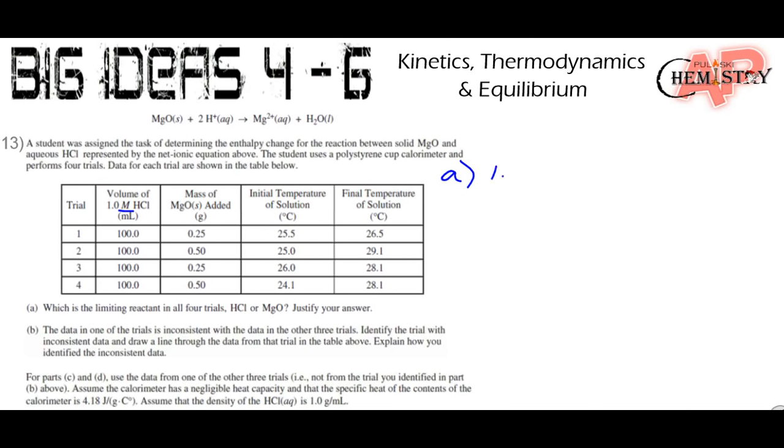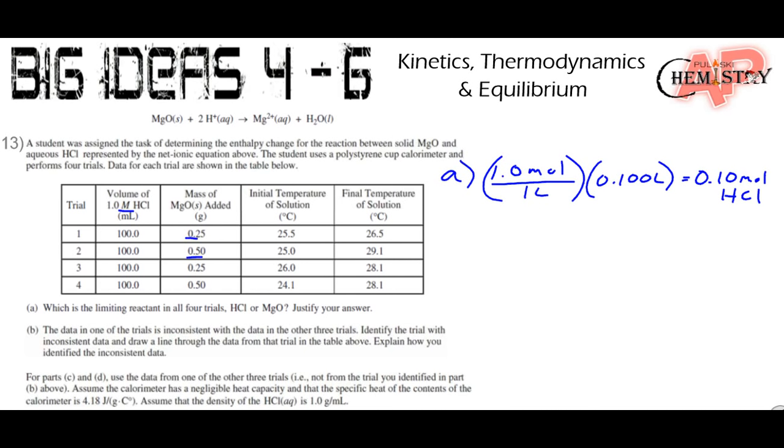So basically, I have 1 molar, so it's 1 mole over 1 liter. And then I was using 0.1 liters, right? So that's going to be just 0.1 moles. Okay. For the MgO, let's use the maximum amount so we can see how that one works. So we either have 0.25 or we have 0.5.